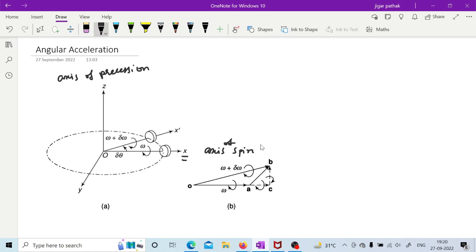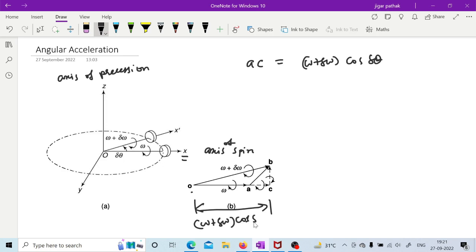The horizontal component is (omega plus delta omega) cos delta theta, where this is delta theta and this whole is OC.